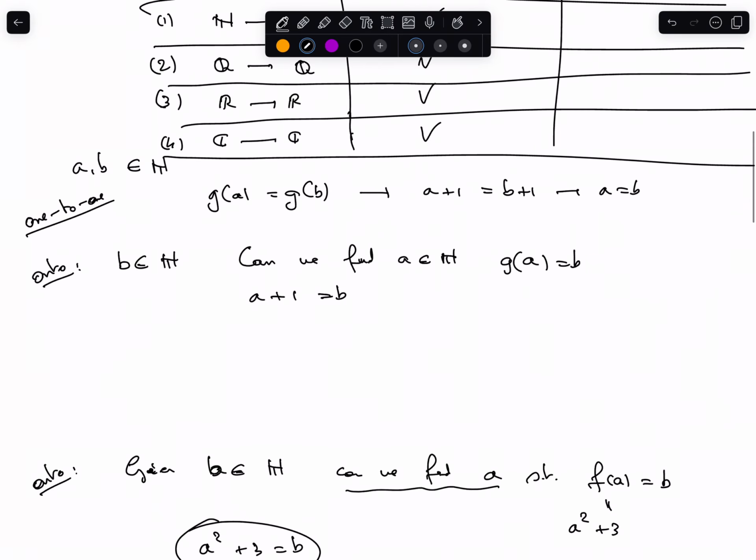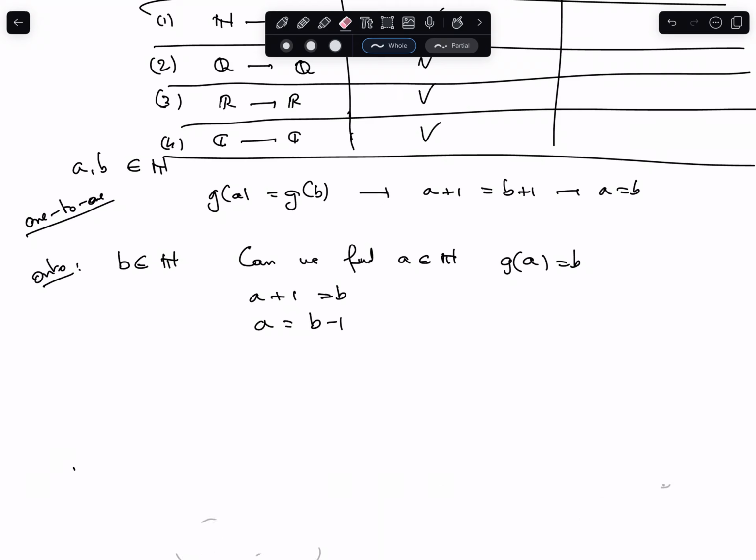And you say, oh yeah, sure, of course, a is equal to b minus 1, so I can always do it. Are you sure you can always do it? No matter what b is, you're going to get an a. Be careful, because we are in the natural numbers, right? They're positive. So if you're subtracting something, you could become negative.